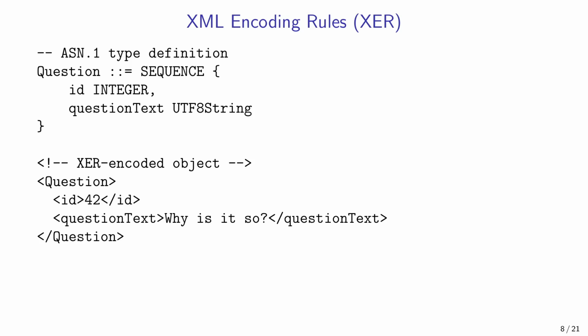So what can we observe here? First, that it is human readable. The tag names preserve the names of ASN.1 fields. You see the tag name question text here maps to the question text field here in the ASN.1 notation. However, the information about the type is lost.